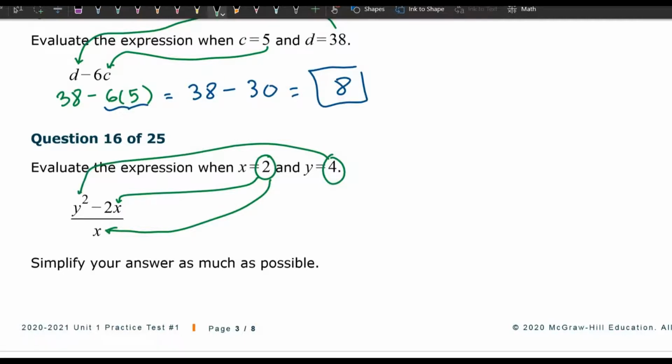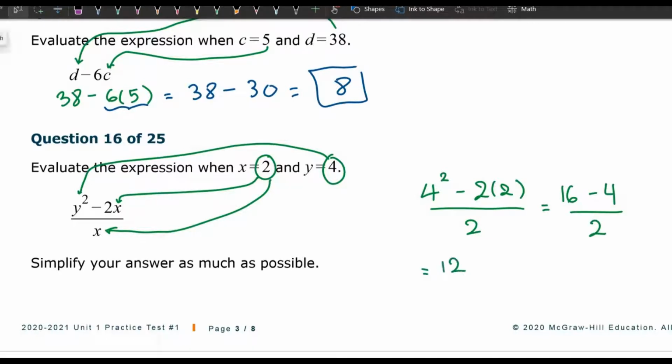That will give us 4 squared minus 2 times 2 divided by 2. 4 squared is 4 times 4, which is 16, minus 4 over 2. 16 minus 4 gives you 12. 12 divided by 2 gives you 6. 6 is the final answer.